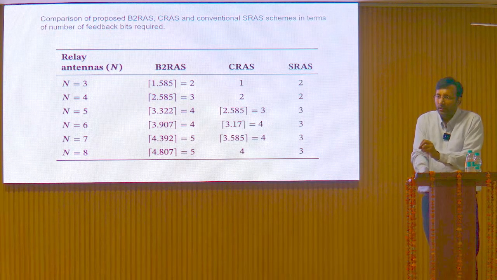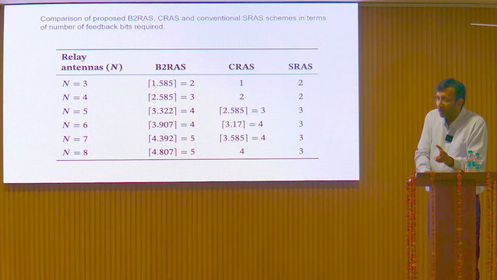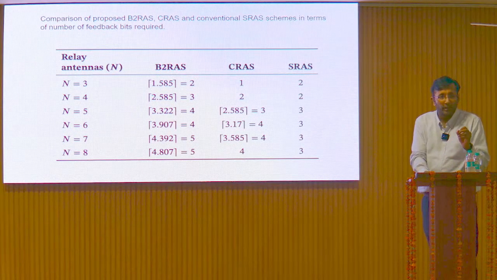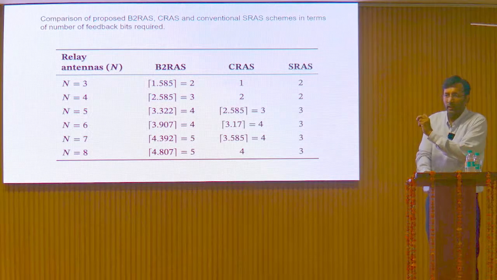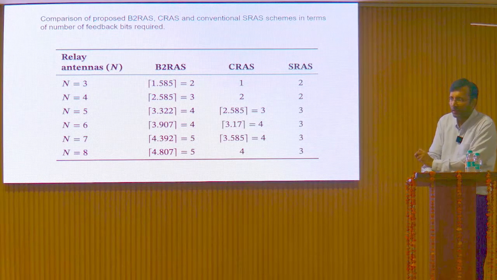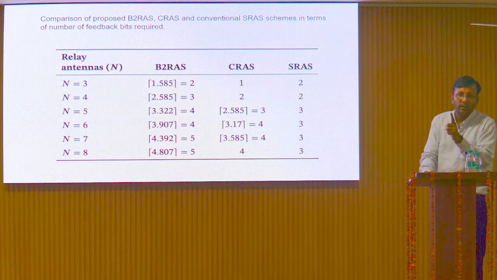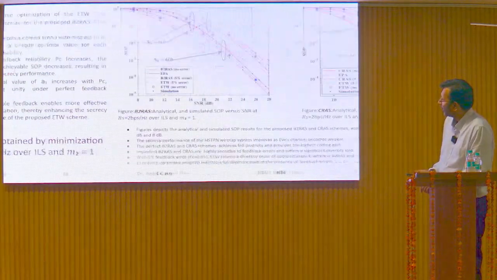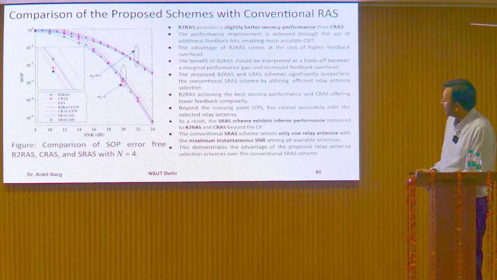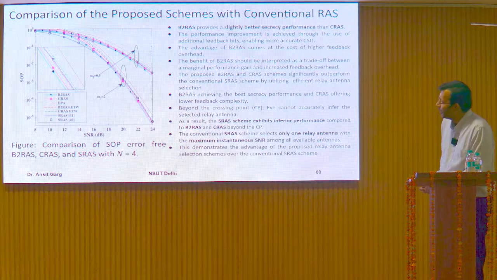However, in case of error, how many antennas are actually working? 2, right? Whereas in case of single antenna selection, in case of error, only one antenna works, right? And that is illustrated here. You can see the comparison between these 3 schemes: B2RS, CRS, and SRS. Fine.